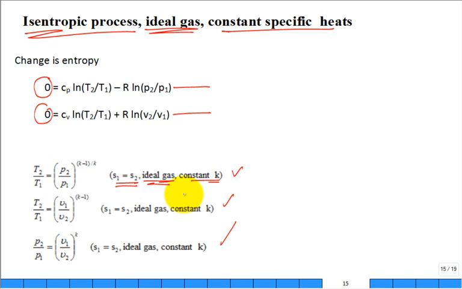Okay? And they're out of the textbook. So you get a relationship between how the temperature and pressures change, or temperature and volumes change, or pressure and volumes change. For the Otto cycle, these are our two favorites right now.